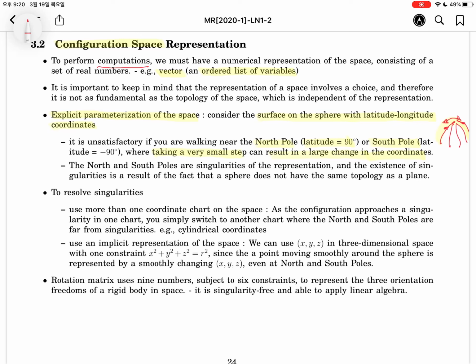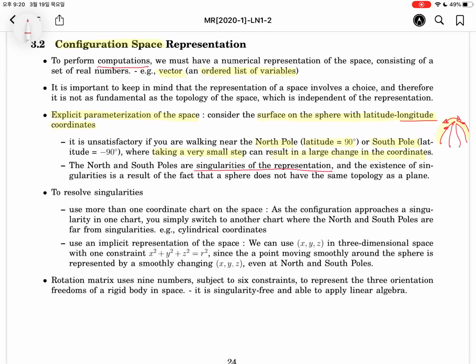A very small step will make a big difference in the longitude. Actually, a very small step, but the coordinate value will change as a big value.